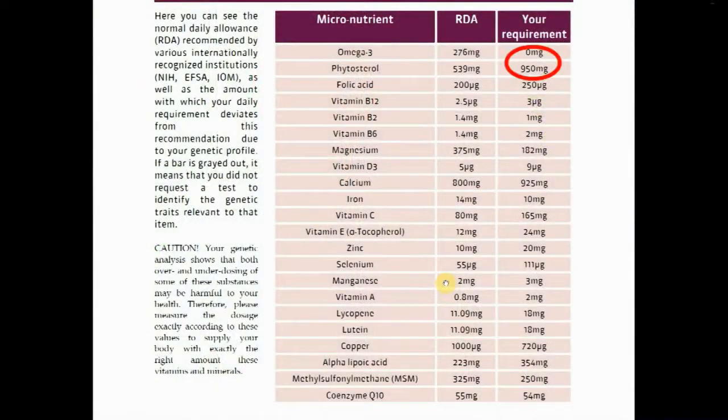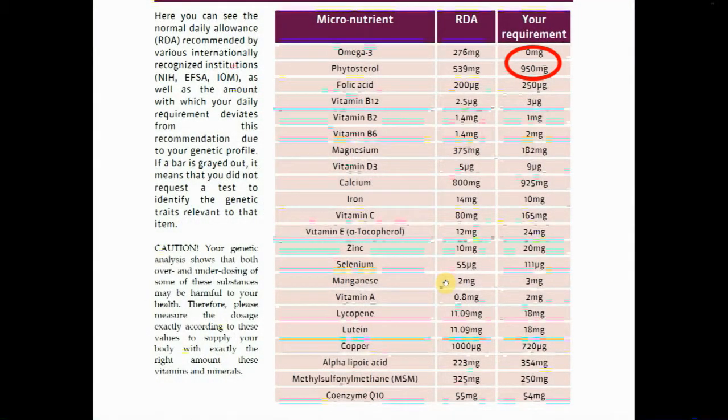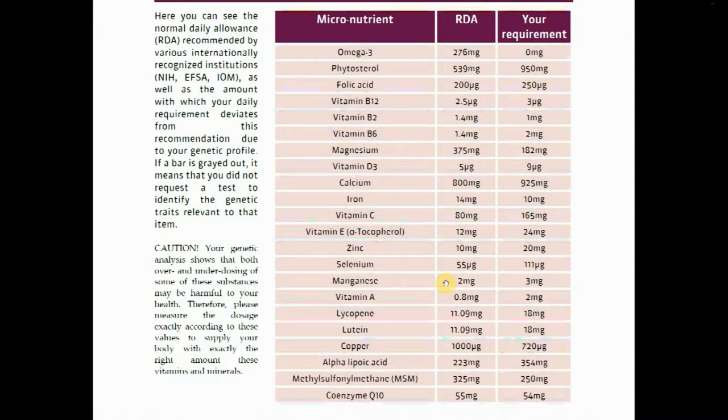But only through looking at genetics we can see individual differences, and that is why your actual requirement, based on our recommendation, based on your genetics, is deviating from the normal amount. So here you see omega-3 fatty acids, we would actually in this case not recommend them because they have a negative effect in some respects, and we would recommend phytosterols instead, and so on. So you will find your requirement actually will differ from the general requirement.